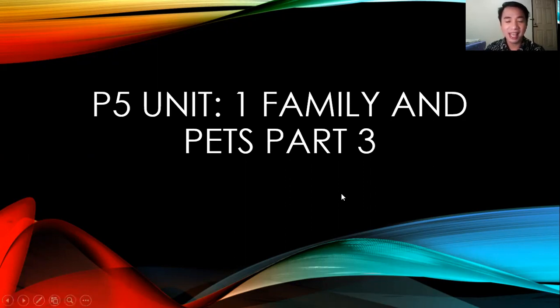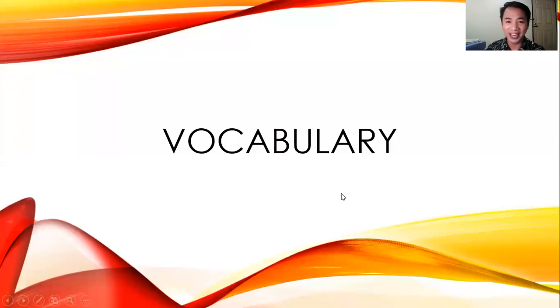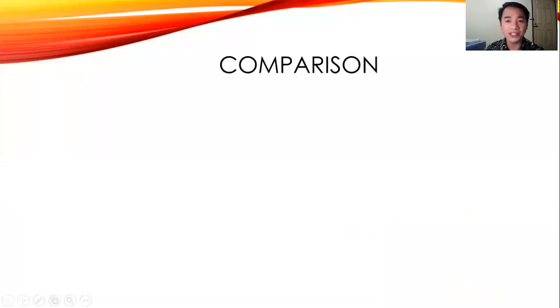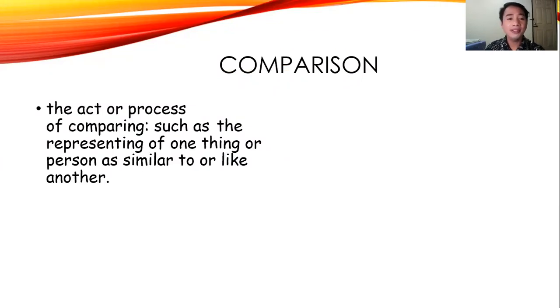Here it is. The first word is comparison. What is the meaning of comparison? Comparison is the act or process of comparing, such as representing one thing or person as similar to or like another.